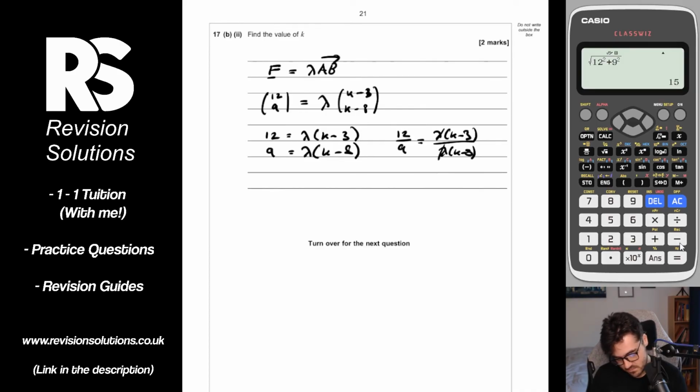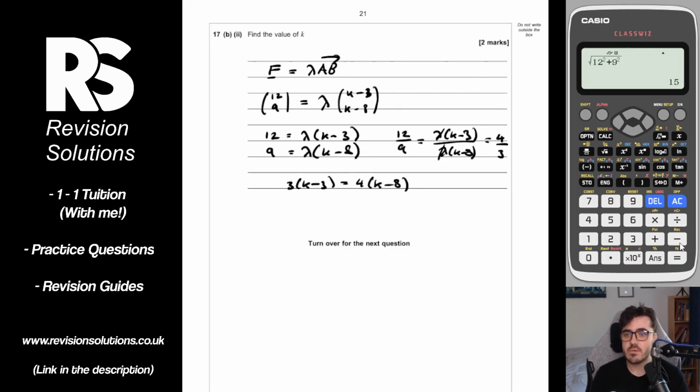The lambdas cancel. 12 over 9, if we divide the top and bottom by 3, that'd be 4 over 3. Then let's multiply up. If we multiply both sides by 3, then we'd have 3 times k minus 3, and the 3 would vanish on the right-hand side. And then multiply both sides by k minus 8, that would be 4 times k minus 8 on the right-hand side.